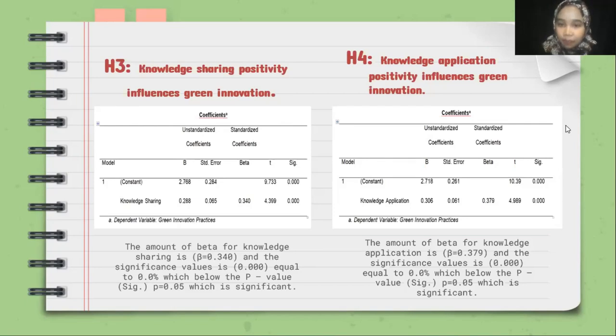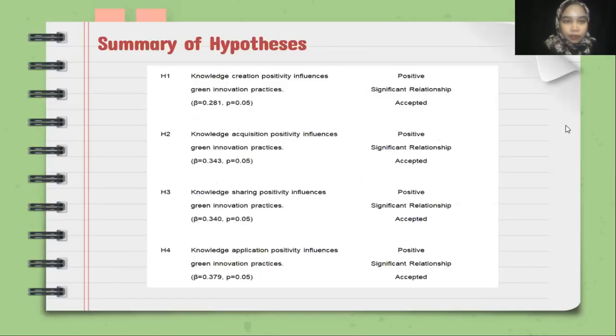As you can see in the table, the beta for knowledge application is 0.379 and the significance value is 0.000, equal to 0.0%, which is below the p-value and also considered significant. Next, in summary of the hypotheses, all variables have a positive significant relationship, thus the hypotheses are accepted.